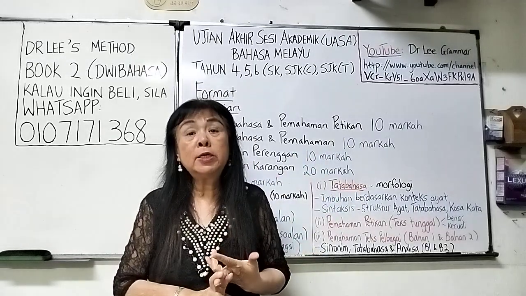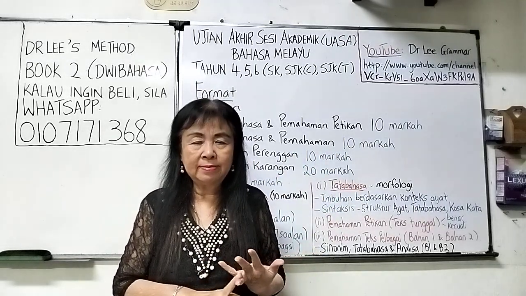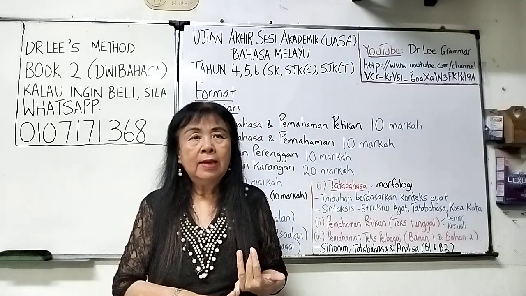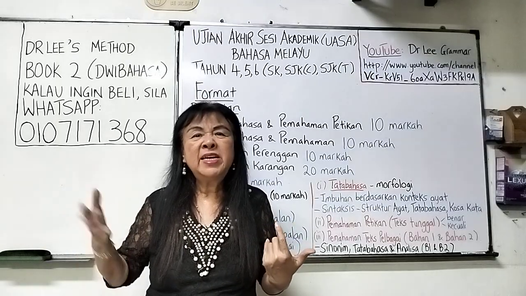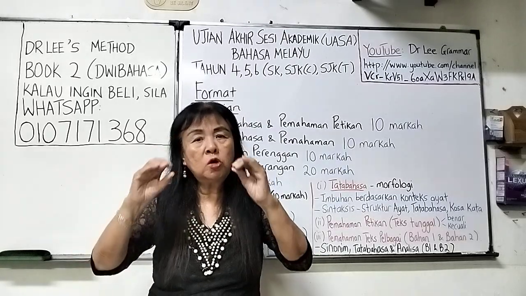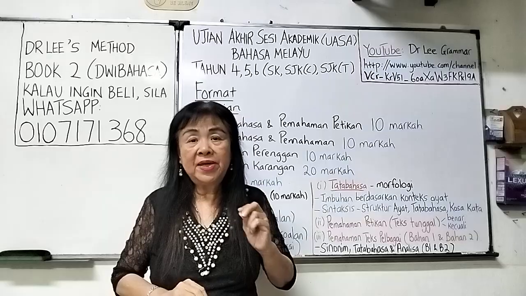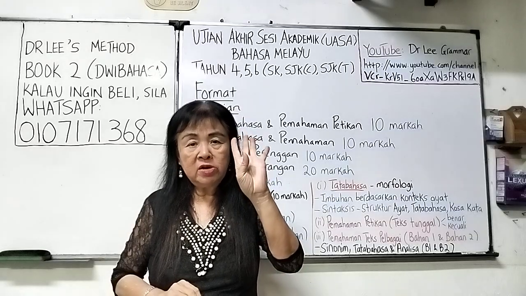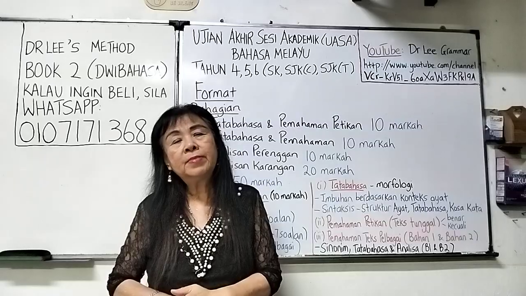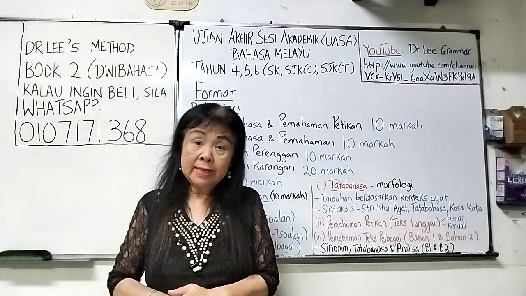Tanda bacaan, punctuation. Penjodoh bilangan. Bandingan semacam, which is called similes. And ayat penyata, ayat majmuk. All these are parts of grammar. All together 20. For year 4, year 5 and year 6. You need to know 20. Okay, so that's all for this time.